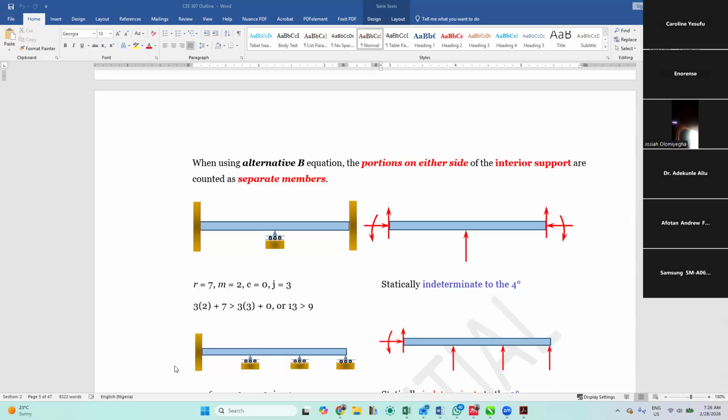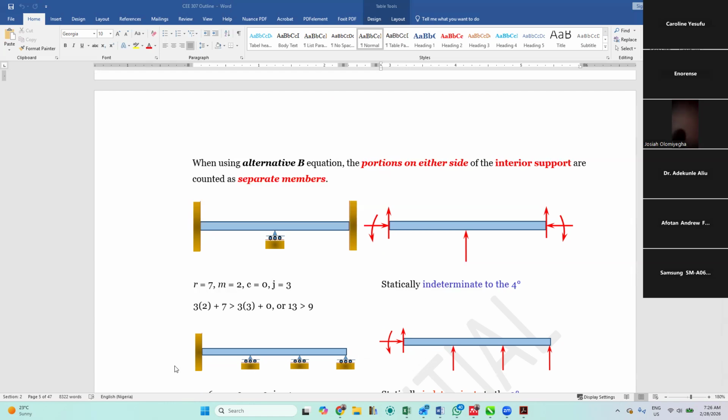R is going to be 6, M is going to be 3, then J is going to be 4. 1, 2, 3, 4, 5, 6. That's it. 1, 2, 3. So how many R do we have? 6. How many M? M, 3.